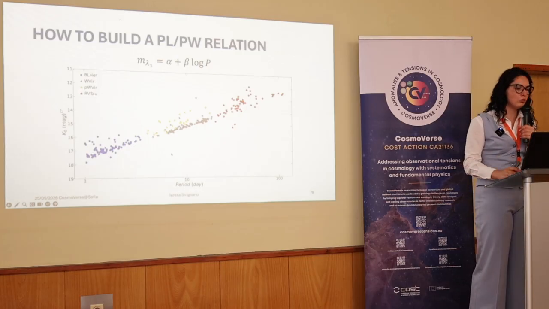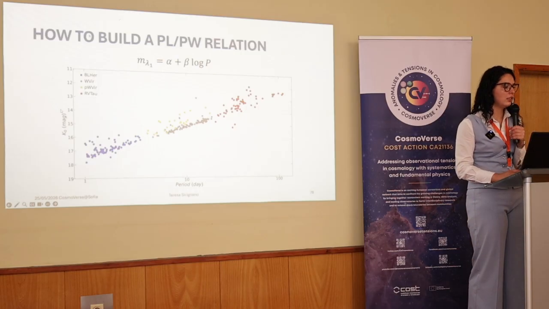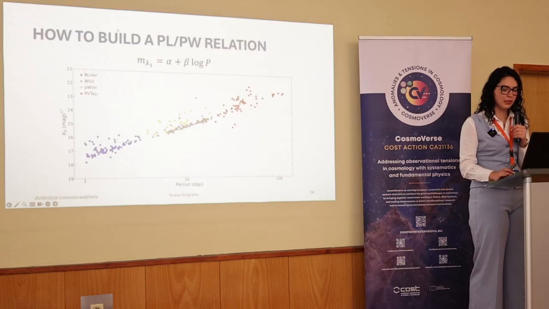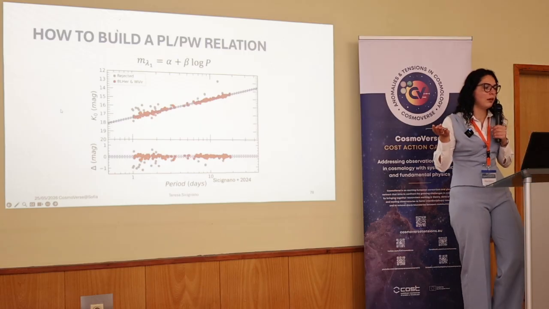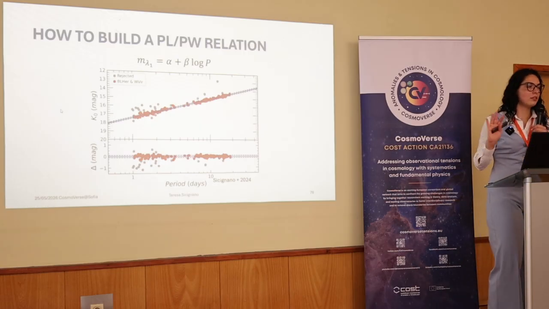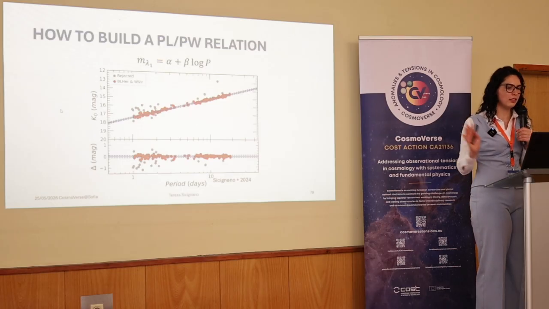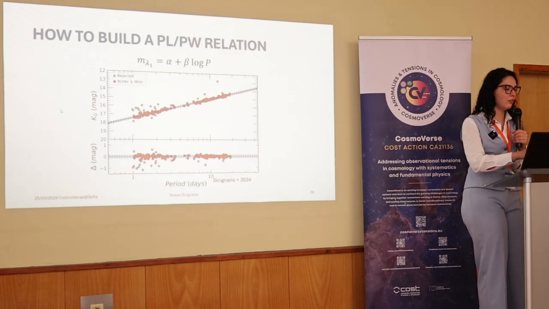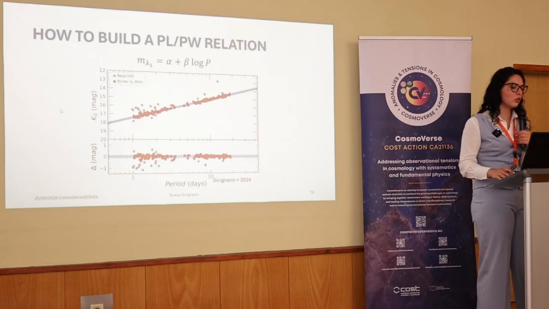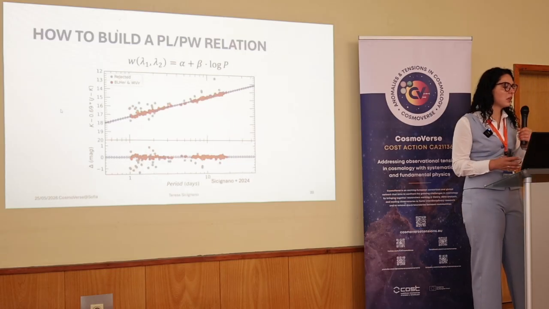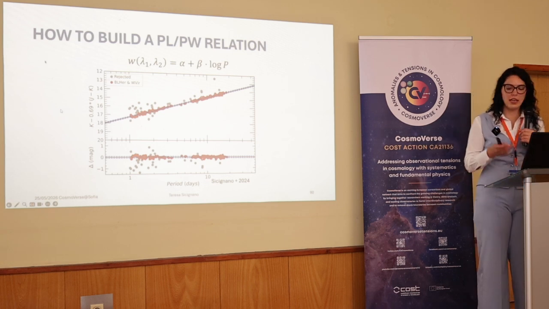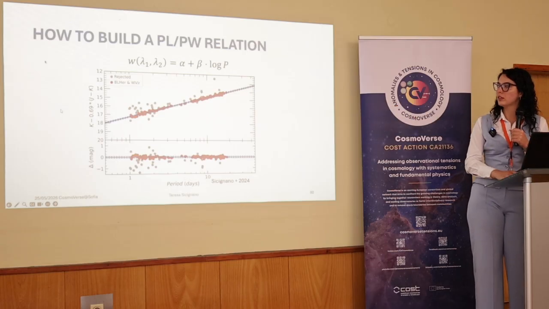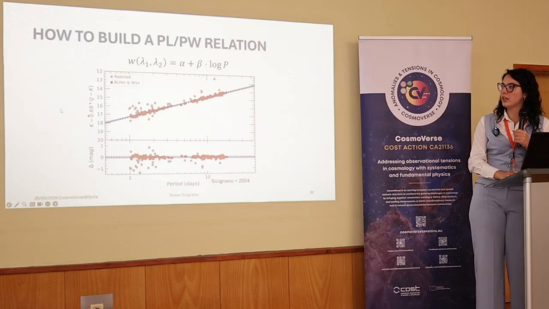Then, to know these two coefficients, alpha and beta, you do a linear fit. For this reason the period luminosity relation is powerful, because it's a linear relation. You do a linear fit and you retrieve alpha and beta. Indeed, you can do the same for the period Wesenheit relation, where you only have to calculate this coefficient according to a specific extinction law, and then it's done.